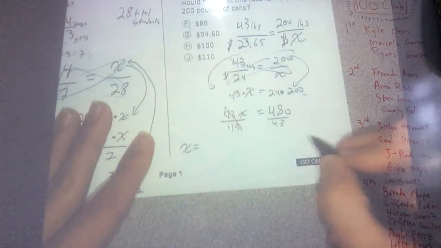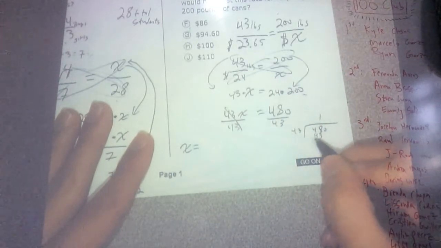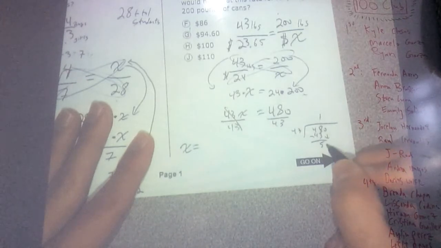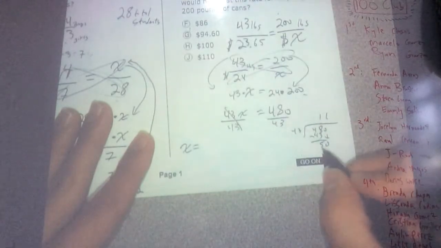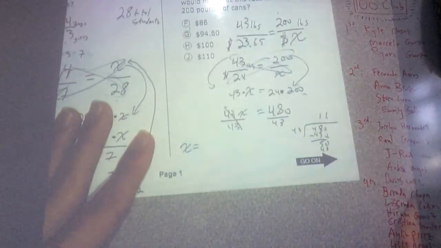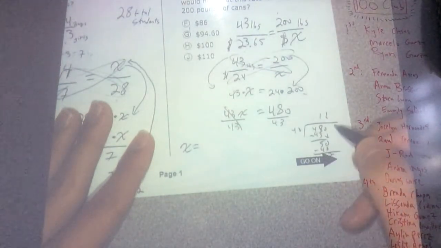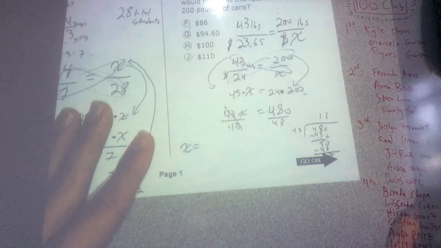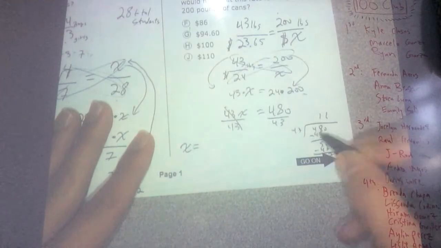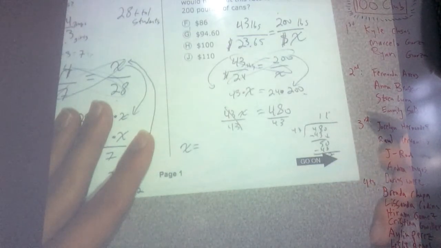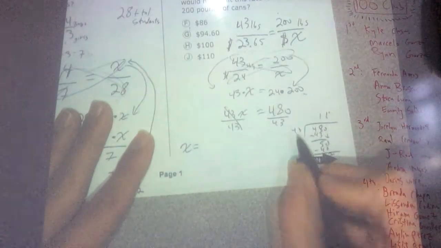x is equal to, I'll do this division over here. 43 goes into 48 one time. Bring down the 0. 43 goes into 50 another one time. Okay, and there we go.